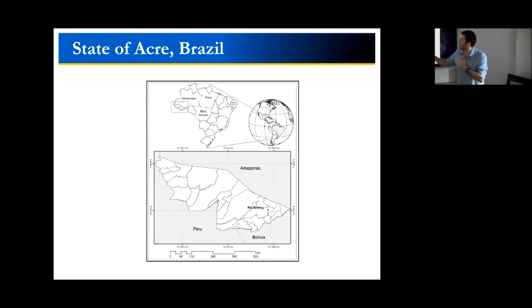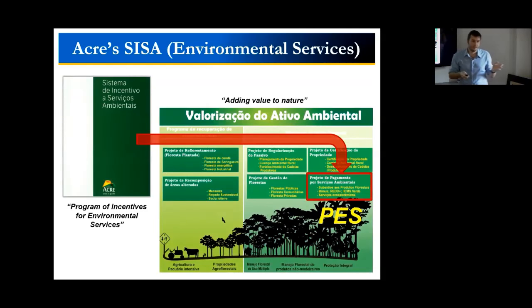If you don't know, Acre is located here in Brazil. Arguably it is the greenest state in Brazil. Most of the state policy is focused on adding value to the forest and adding value to nature. And one of the programs that they have in Acre is this program of incentives for environmental services.